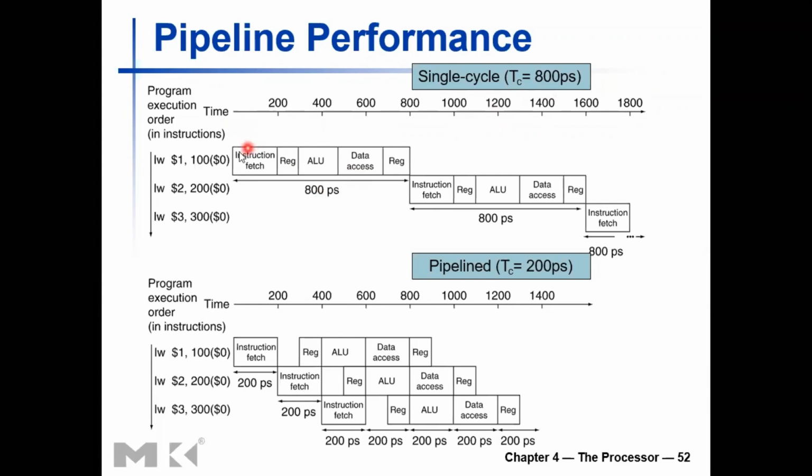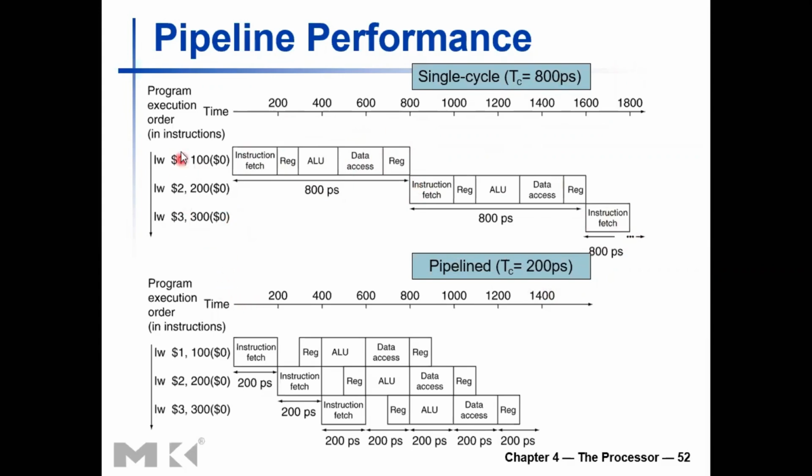So you do the instruction fetching, register reading, ALU, data access, memory access, and register writing. We assume that register writing and reading takes 100 picoseconds, whereas instruction fetch, ALU, and data access take 200 picoseconds, so 800 total. So every 800 picoseconds, we can finish one instruction.